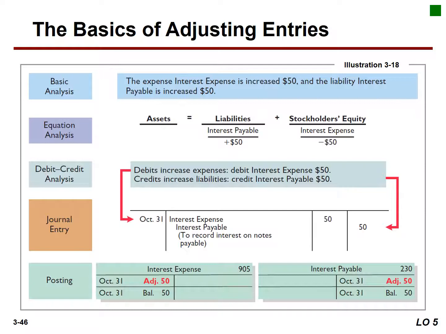Our interest expense decreases our stockholders' equity, and our liability account is increasing. So there's our equation analysis. We increase our expense accounts with debits, increase our liability accounts with credits. There would be our adjusting journal entry, and as we post that entry into our general ledger, we record our debit to our interest expense and our credit to our liability account, interest payable.